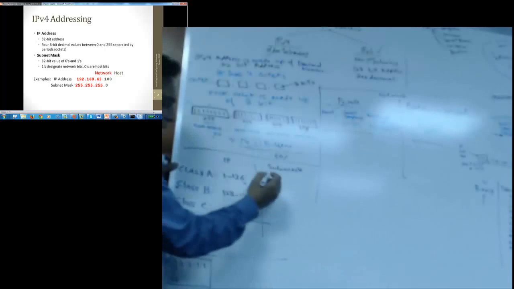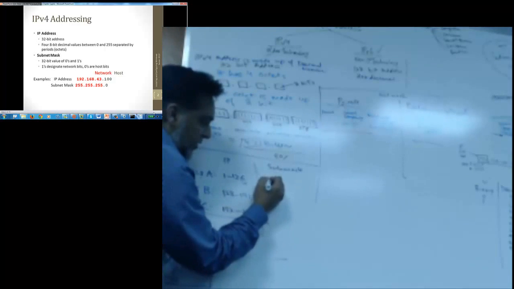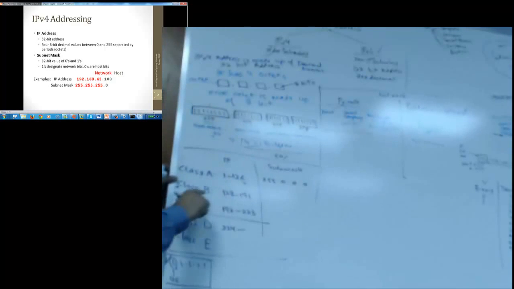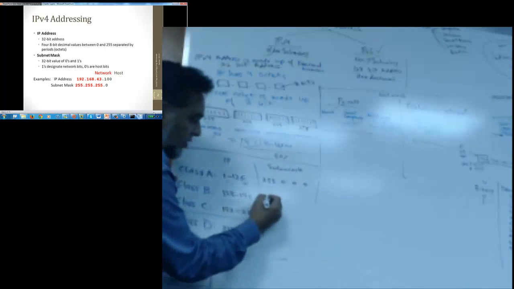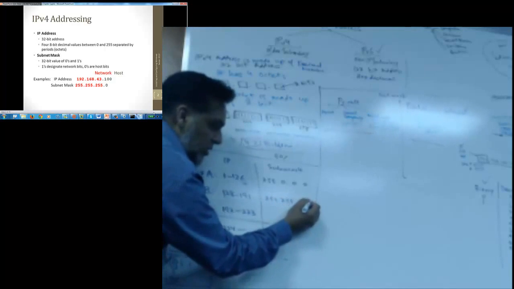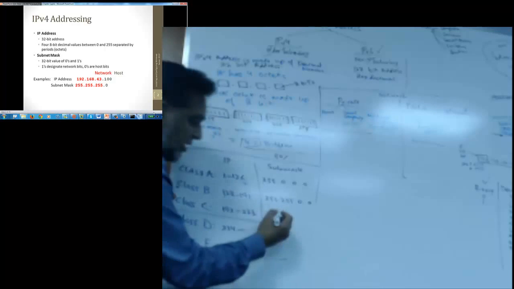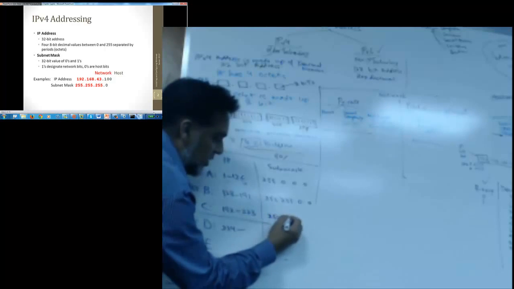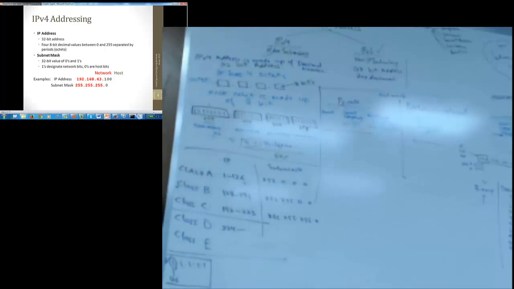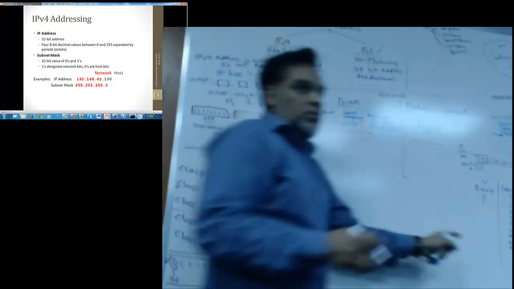The subnet mask of class A will be 255.0.0.0, the subnet mask of class B will always be 255.255.0.0, and the subnet mask of class C will be 255.255.255.0. So why did they say that? We just need to remember this.